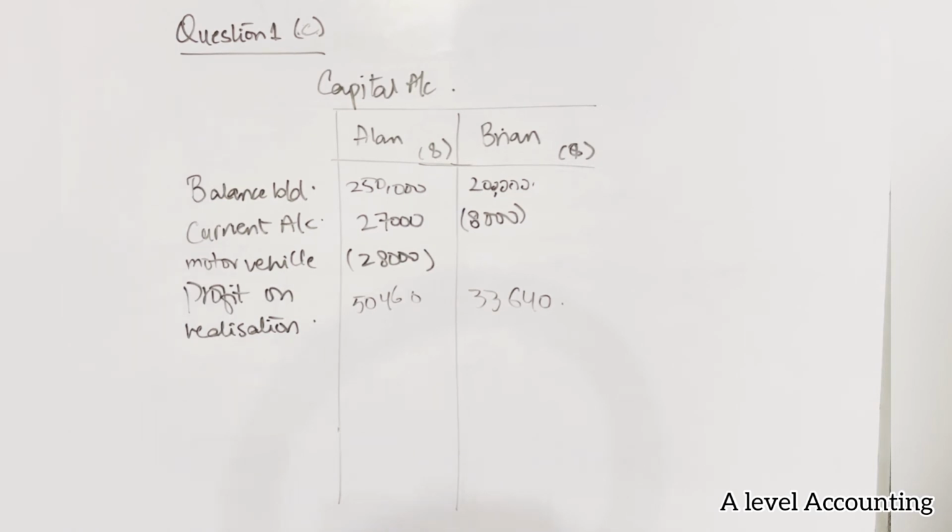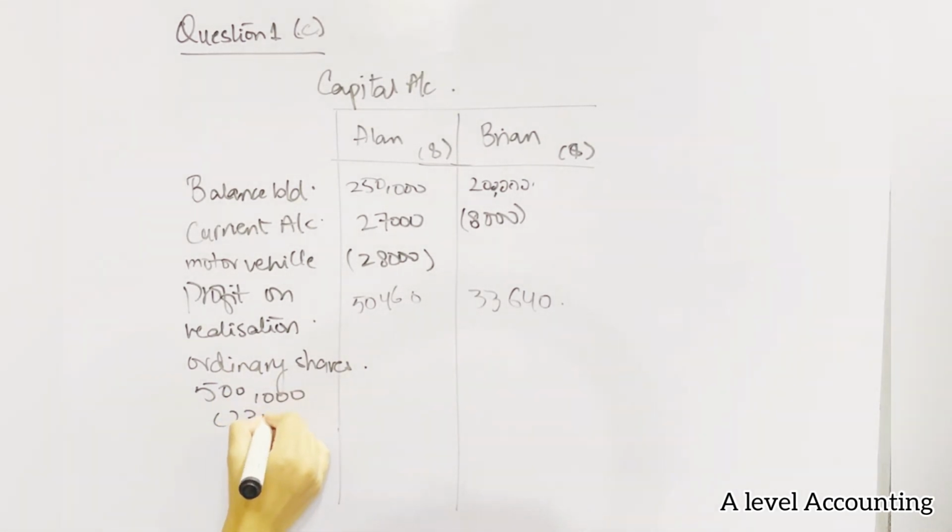So we'll look at the working. Now we're doing the working for ordinary shares. So 500,000 was the total purchase consideration, for which 23,000 is basically cash. Alright, that is paid in cash.